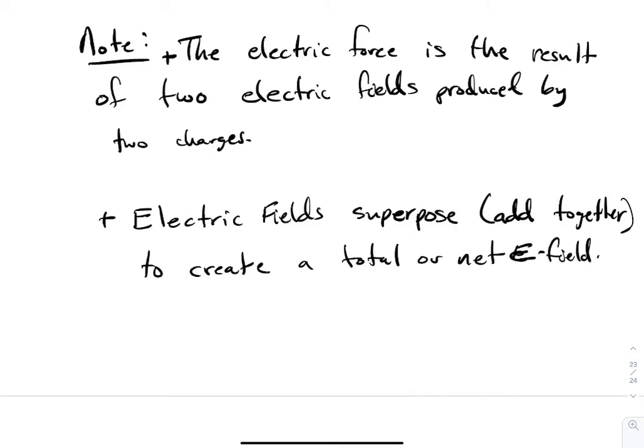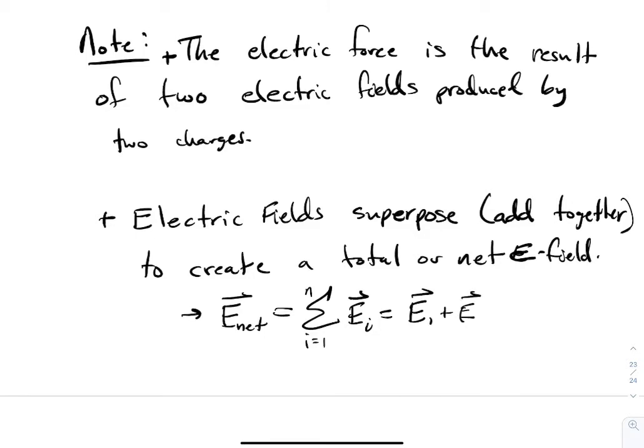And so mathematically speaking, we could say that E net, the total electric field in some volume of space, is the sum from i equals 1 to n of E i. And so that would be E1 plus E2 plus E3, and so on, until you get to En, the last electric field in that volume.